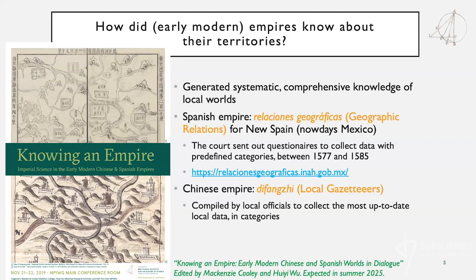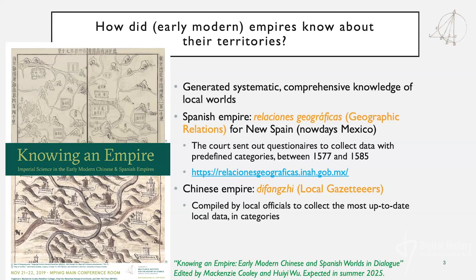We discovered that those empires were generating systematic, comprehensive knowledge of the local world in a systematic manner. In the case of the Spanish Empire, after it acquired New Spain, that is today Mexico, they sent out questionnaires to collect local data with predefined categories.